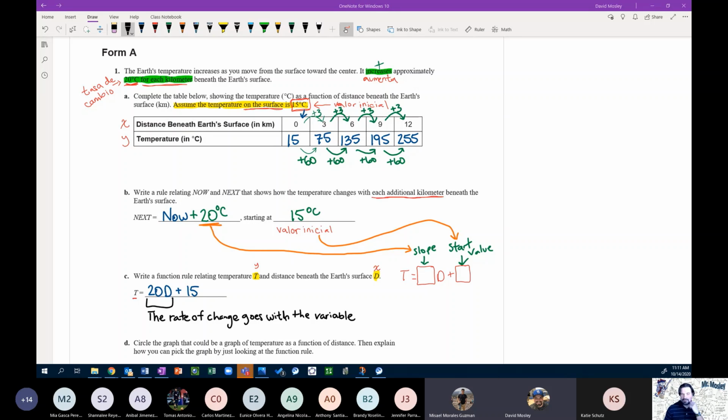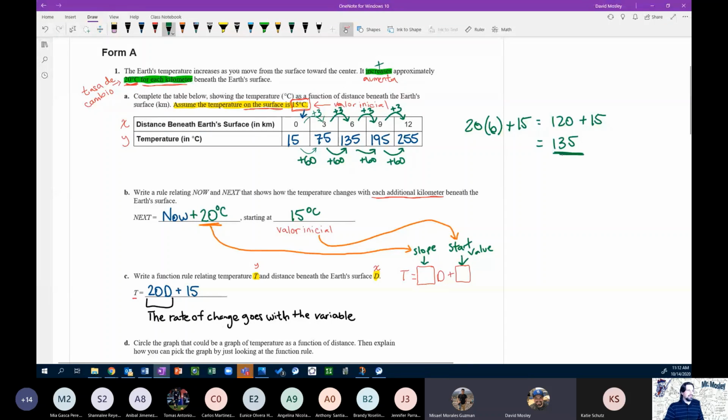In the rule, yes. So we can check our rule with these values, the 3, the 6, the 9. If I use my rule and I say, okay, well, if I do 20 times 6 plus 15, this equals 120 plus 15 equals 135.